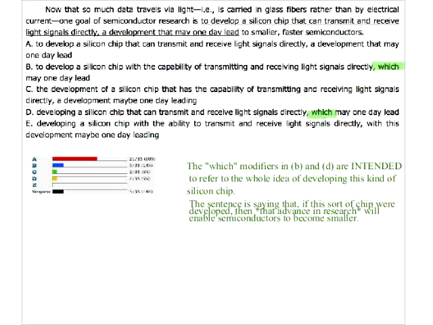So that's the meaning. The problem is that this is not a noun. This whole idea of developing this sort of special chip is not a noun. It's a verb and a whole bunch of words afterwards.